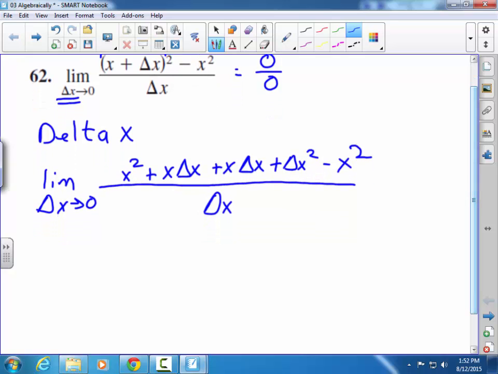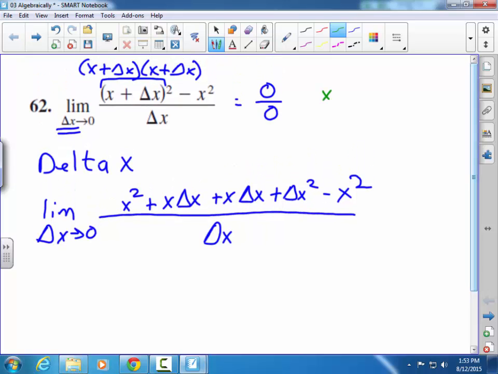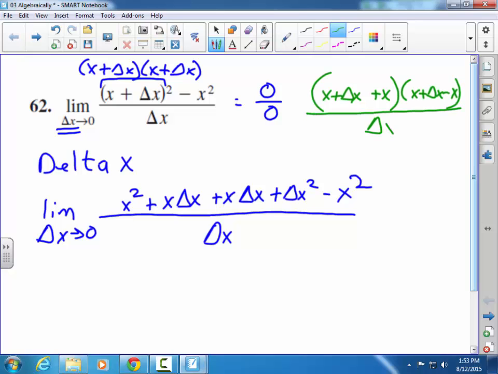Difference of two squares? Very good. I was wondering if anybody was going to see that. Yes, you could do the difference of two squares, Dr. Lee. You could have said that's x plus delta x plus x, and that's x plus delta x minus x.